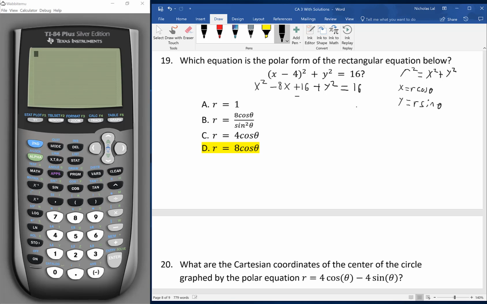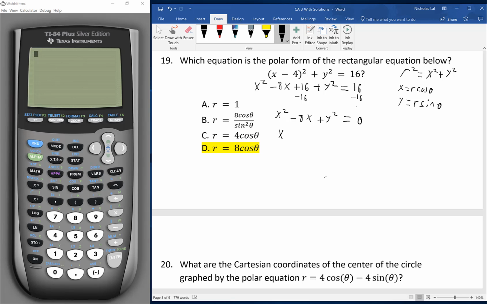I can subtract 16 from each side. So I get x squared minus 8x plus y squared is equal to 0. Now my next step is to add 8x to each side.